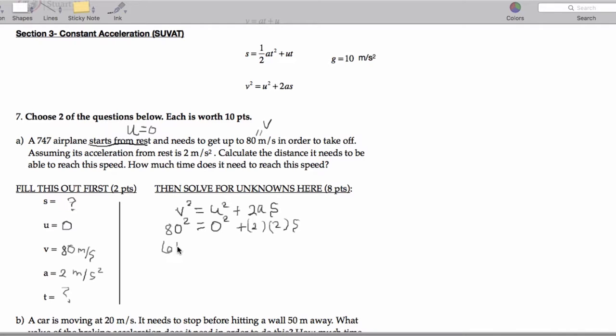That's giving me 6,400 equals 4 times s. And when I divide by 4, that will give me s. And so that means 1,600 meters is the distance that the plane travels.